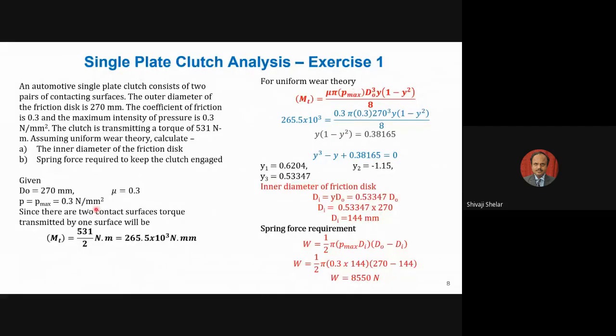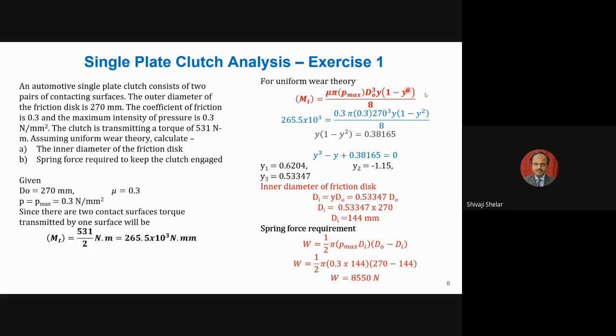P max given in the problem is 0.3 Newton per millimeter square. Then outside diameter here is 270 mm. You can take this DO in millimeter, since every unit has to be converted into the similar unit. So 270 raised to cube. Y is unknown, 1 minus y square divided by 8.